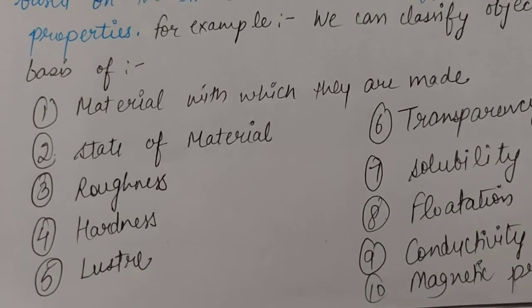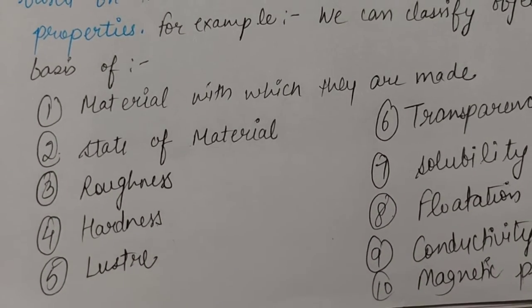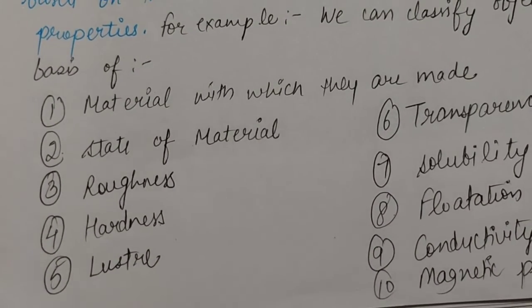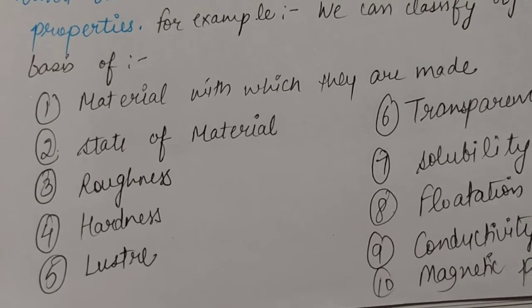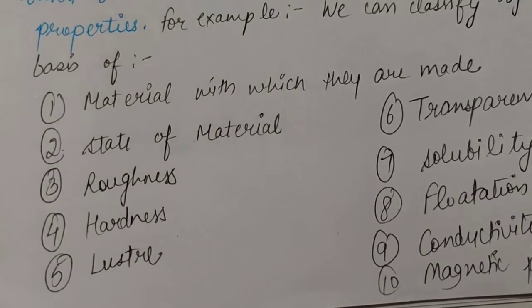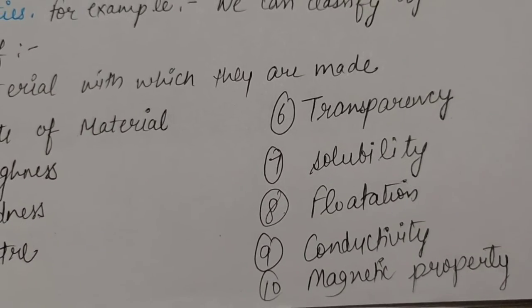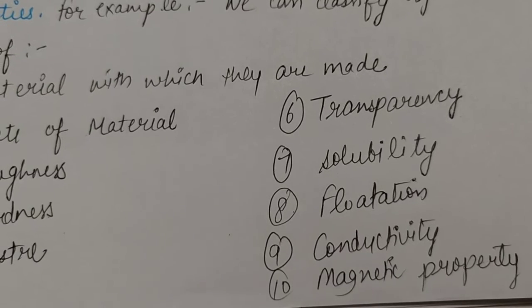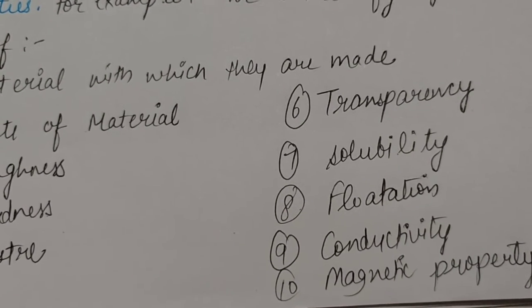Then roughness can also be a property. Then hardness, yes, some things are very hard and some are very soft. Luster means whether they can produce shine or not. Then transparency means can we see on the other side of the object, whether it is transparent or opaque or translucent.